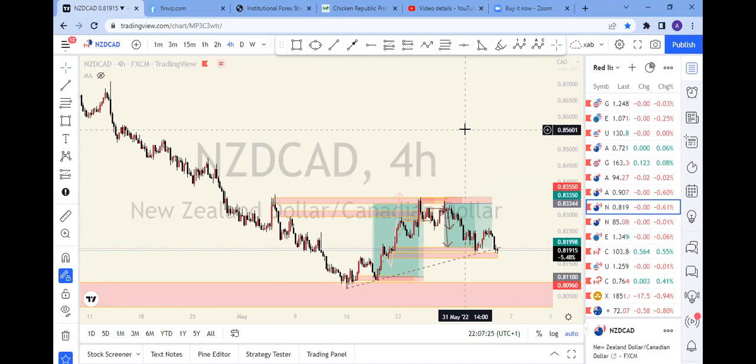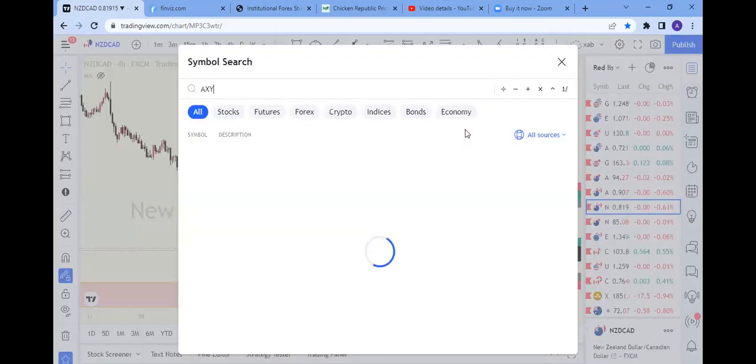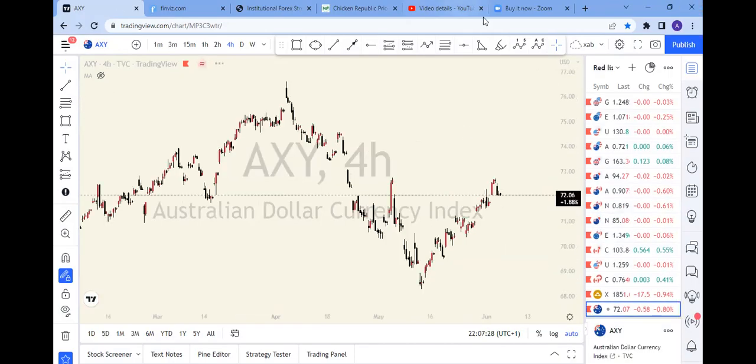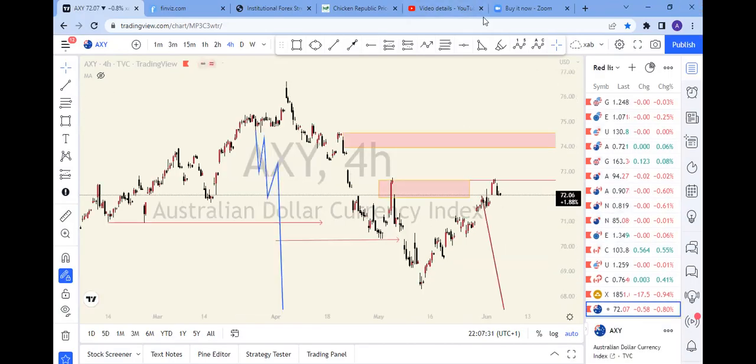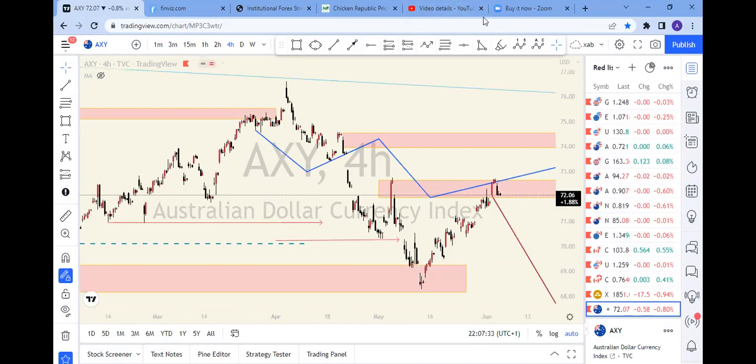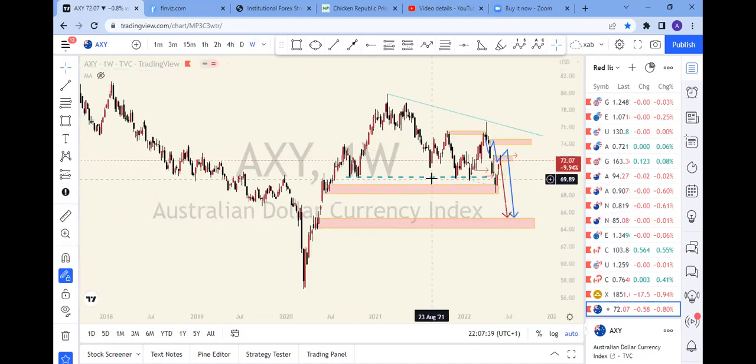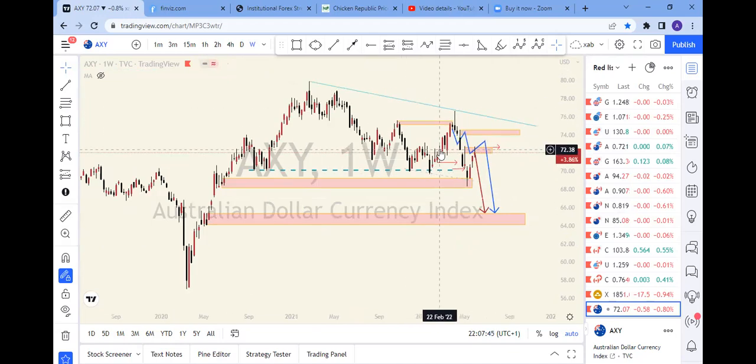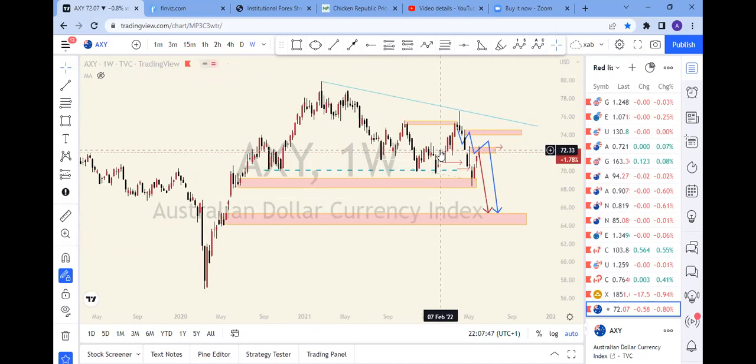All right. So we're going to be starting with the indices. I think first of all, we're starting with AXY. As you can see, based on my analysis on the weekly time frame, AXY is short for Australian index.